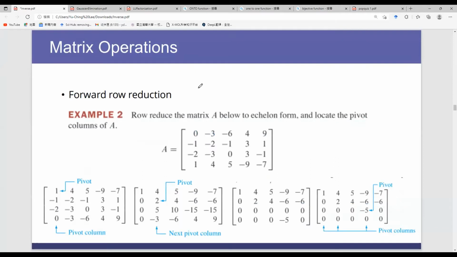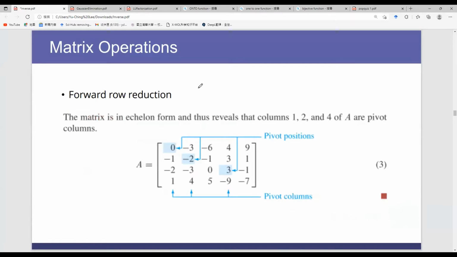And for forward row reductions, basically we follow exactly the same procedure. The procedure to reduce the matrix elements into zero is always fixed. If we follow the same procedure, you will identify the same pivot positions.